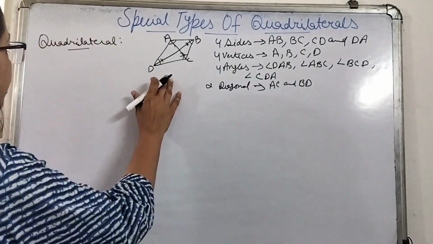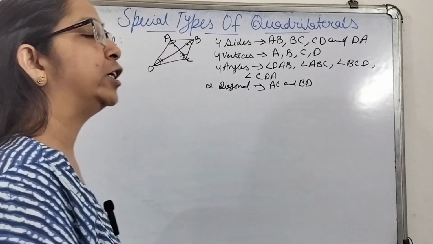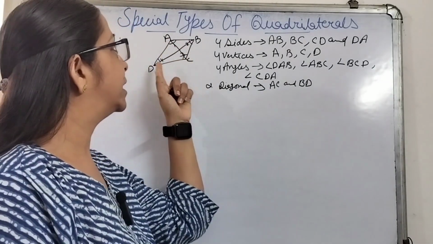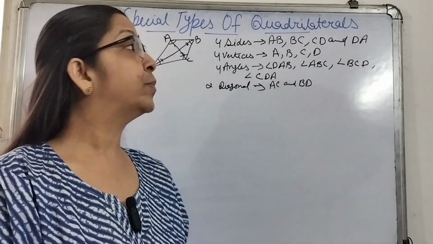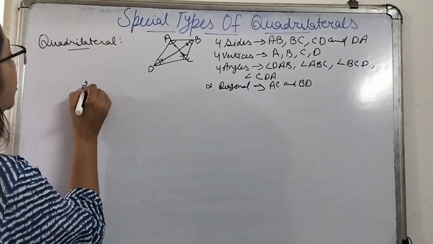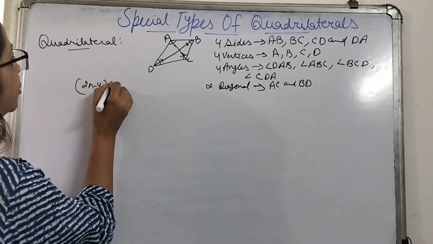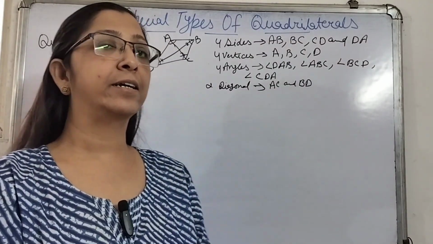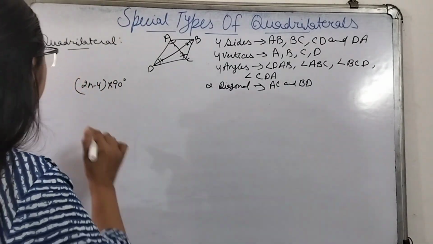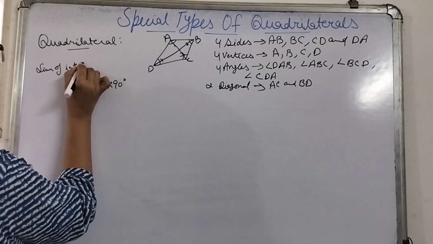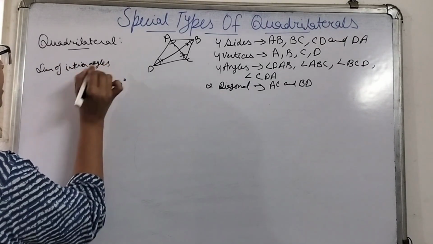We have also learned that for any polygon which has n sides, the sum of all the interior angles is given by (2n minus 4) into 90.